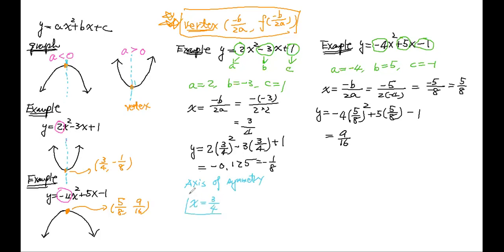That's what we call the axis of symmetry. In the same way here, the axis of symmetry is the line passing through 3/4.